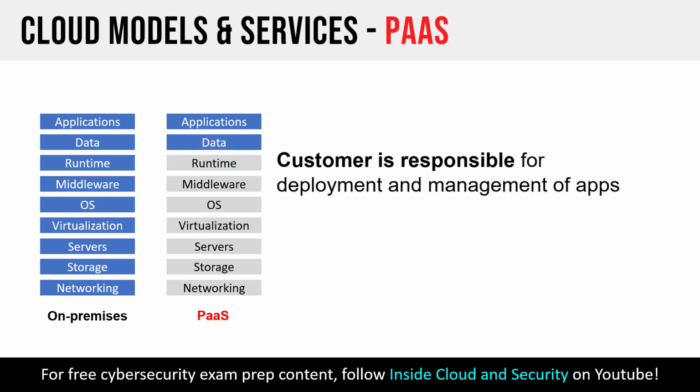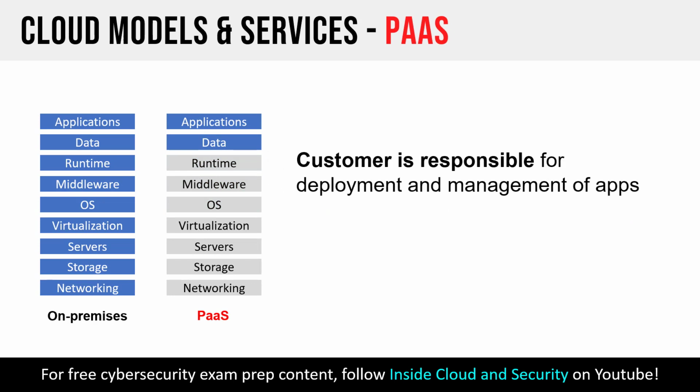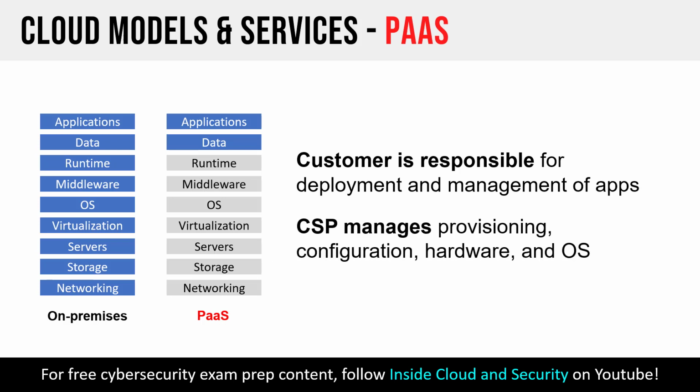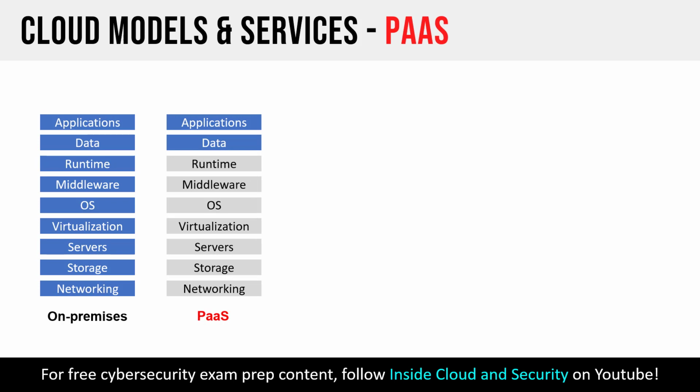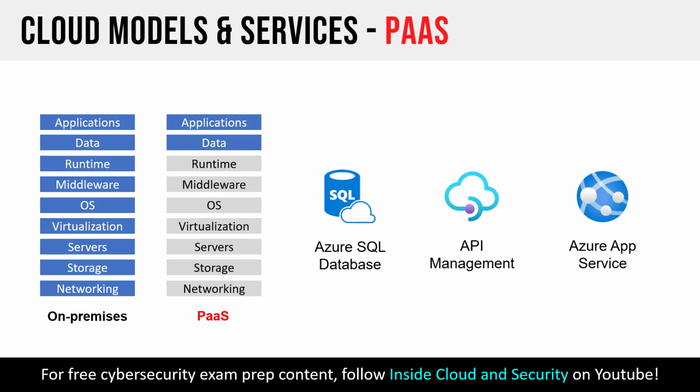For platform as a service, the customer is responsible for deployment and management of apps. The CSP manages provisioning, configuration, hardware, and OS, in addition to everything they're managing that we mentioned in the IaaS model. Some examples here would be database as a service, API management, and Azure App Service, for example, which is web apps. Amazon and Google will have similar offerings.